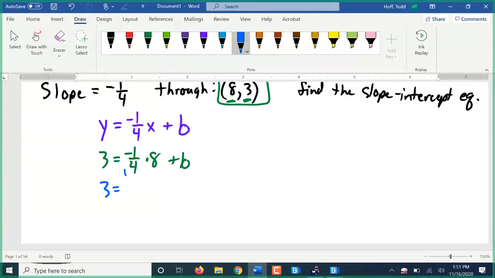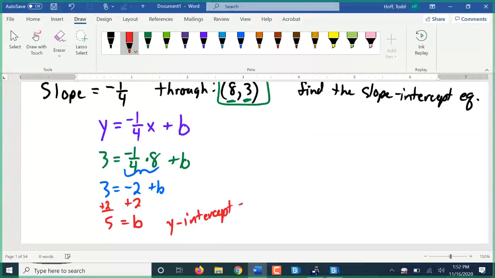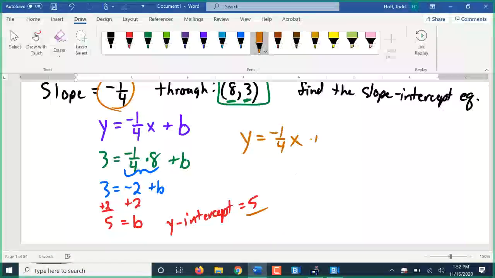We start by combining what we can. -1/4 times 8 is -2. And then we add 2 to solve for b. We get 5 equals b. So that tells us the y-intercept equals 5. So now we know our true equation, y equals slope of -1/4 times x plus the y-intercept of 5. So there's our equation.